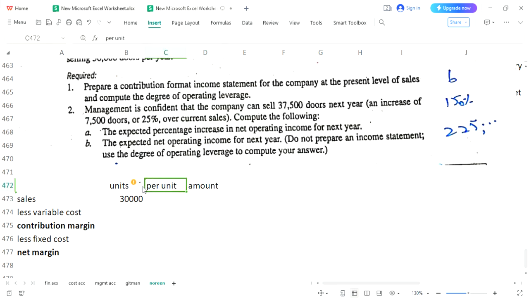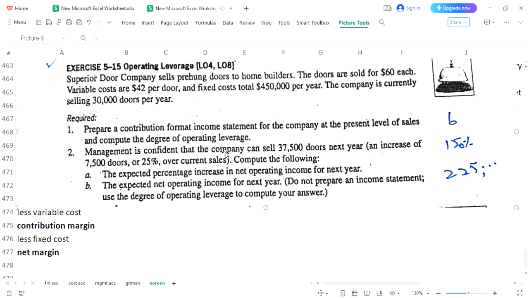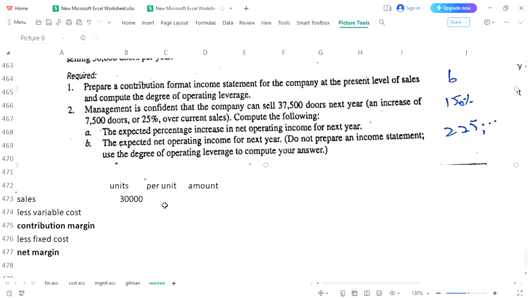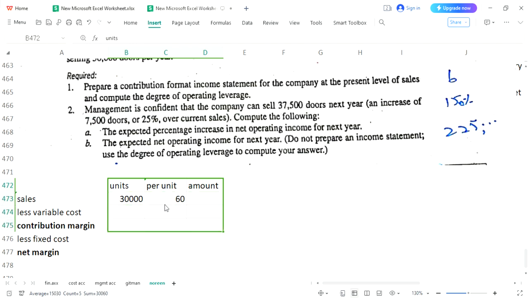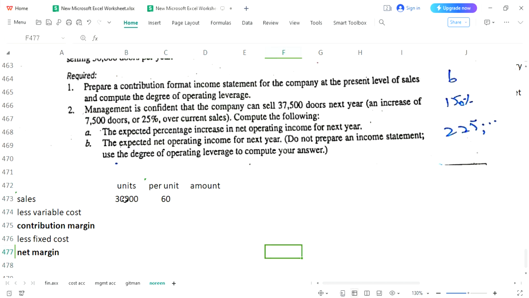We have discussed how to calculate per unit, and right now the per unit sale price given over here is 60, so you can write your per unit 60 over here. Now please make your mind how to calculate the amount of sales. Whenever you need to calculate an amount, you have two elements, per unit cost and units. If you multiply your units with per unit cost, you will get the amount.